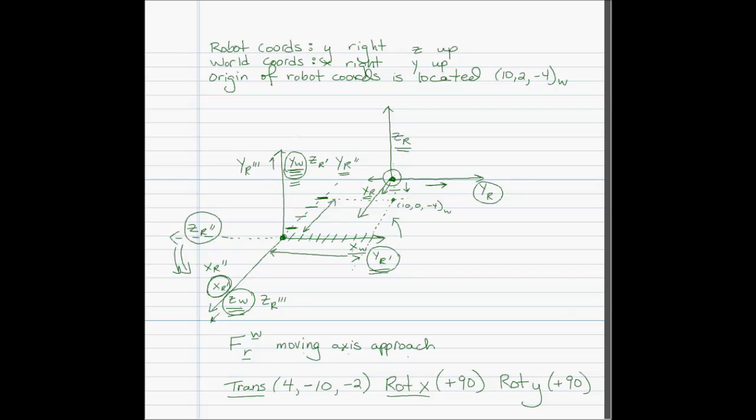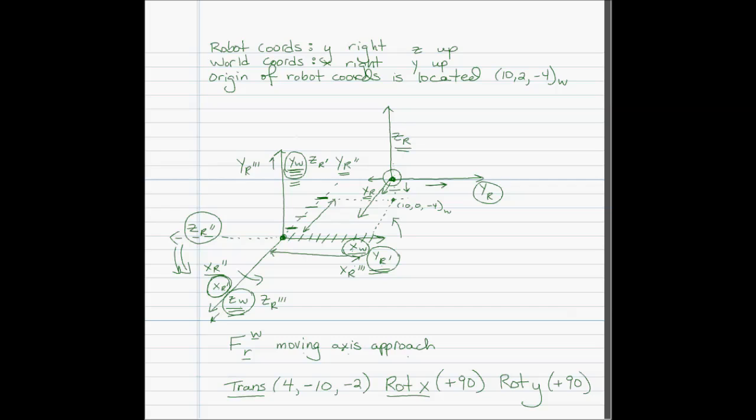And furthermore, my x sub robot double prime is going to rotate around here, so that means that x sub robot triple prime is right here, which lines up with x sub world beautifully.